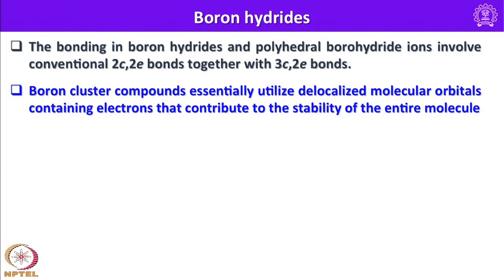The bonding in boron hydrides and also polyhedral borohydride ions essentially involves conventional 2 center 2 electron bonds, that is normal, so every bond requires 2 electrons, along with 3 center 2 electron bonds. Group 13 elements, in particular boron, have an s2p1 electronic configuration.